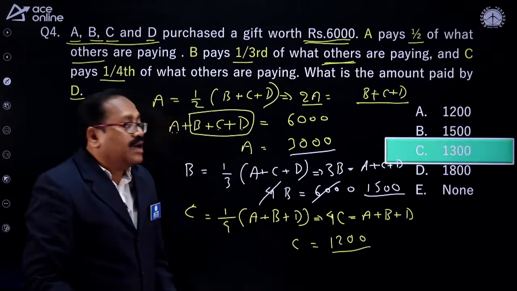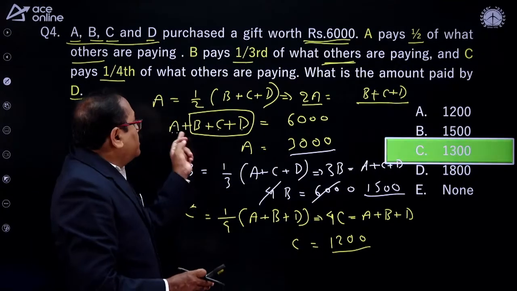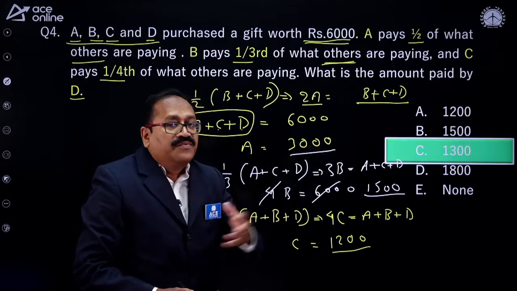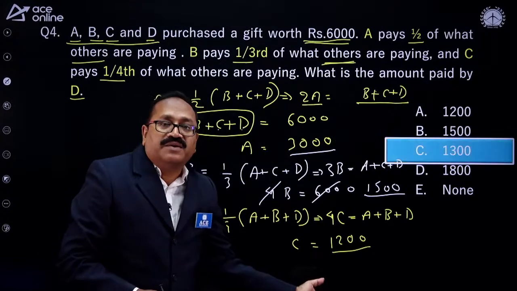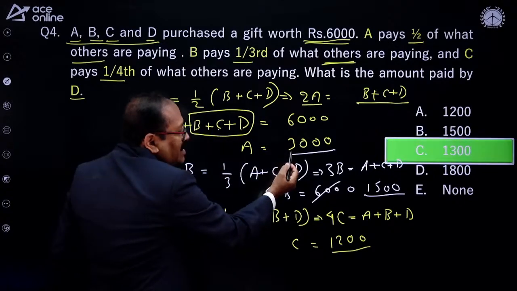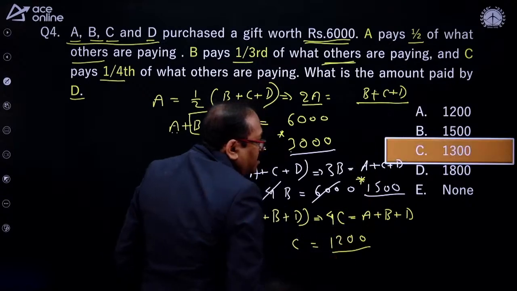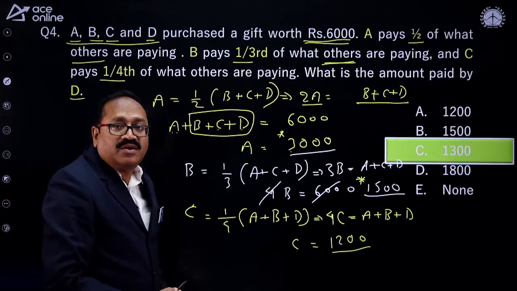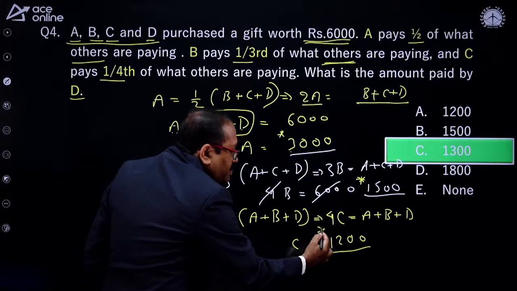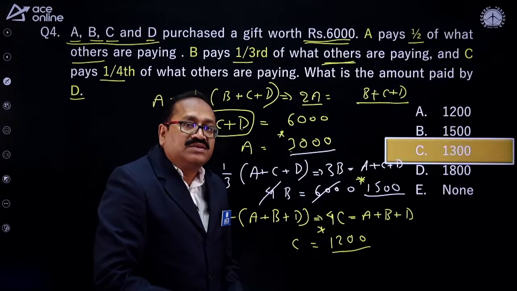So in this way I am getting the value of A, the value of B, and the value of C, and I have A plus B plus C plus D. From there, if I take out the values of A, B, and C, I am getting D. And you answered the questions so nicely. That is 3,000. This is the value I am talking about. 3,000 plus 1,500, that is 4,500. 4,500 plus another 1,200, which is 5,700.